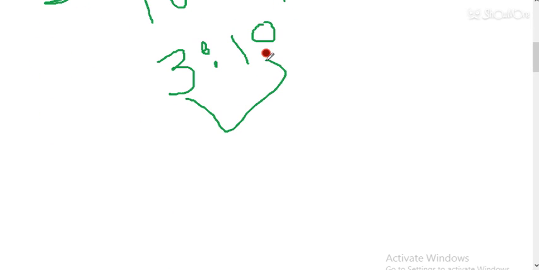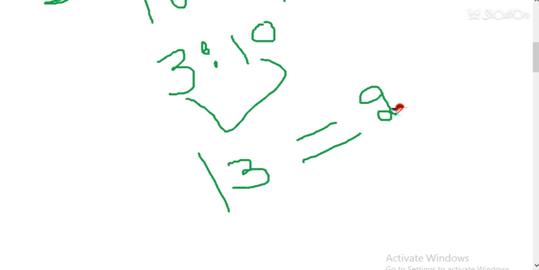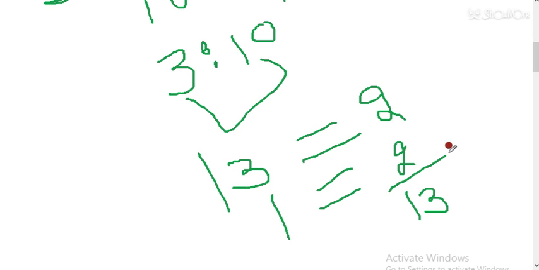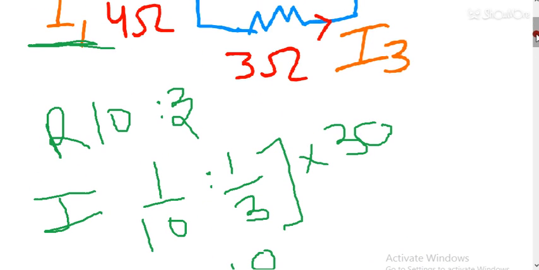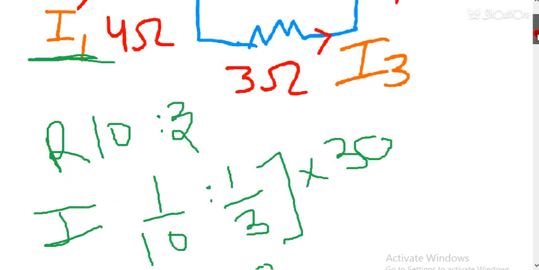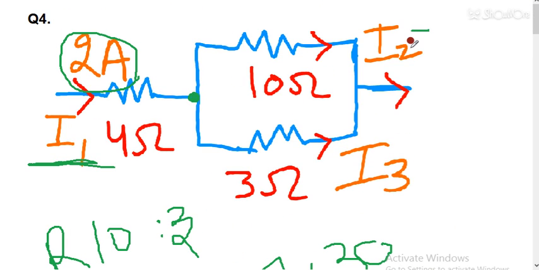Now students, if total parts are 13, 13 parts are equal to total 2 ampere current. That means one part is equal to 2 by 13 ampere. 3 parts are flowing through the upper resistance, so I2 is 3 parts, its value will be 6 by 13.